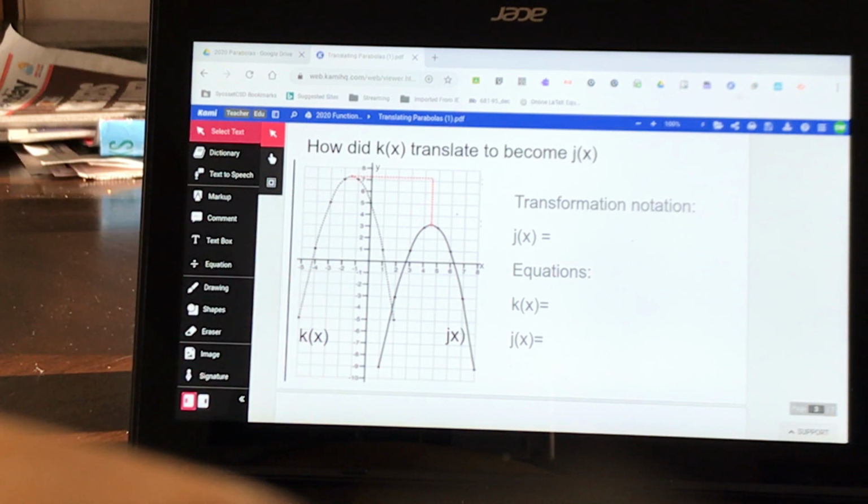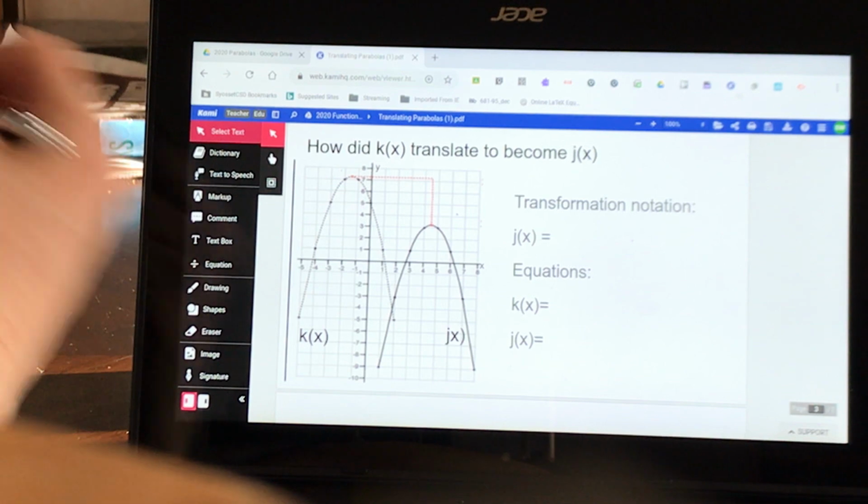Let's look at the next slide. On the next slide, we have 2 more parabolas. Now these parabolas are concave down. The thing we're looking for is how k of x translates to become j of x. So my primary function here is k of x.